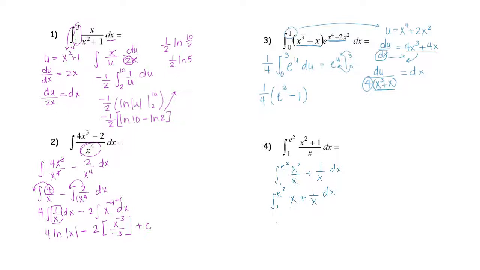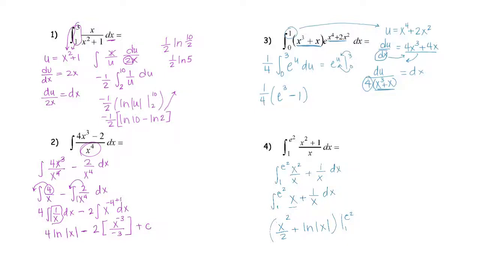We can go through and do our integration. So if we integrate x, we're going to have x to the second over 2 plus, and if we integrate 1 over x, we get natural log, absolute value of x. And now we need to evaluate this from 1 to e squared.